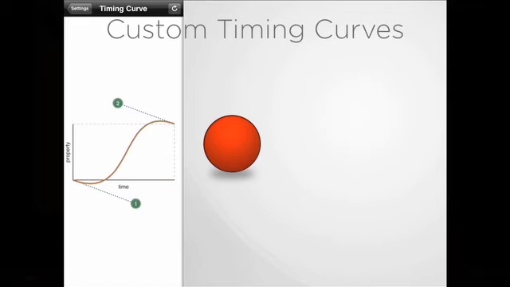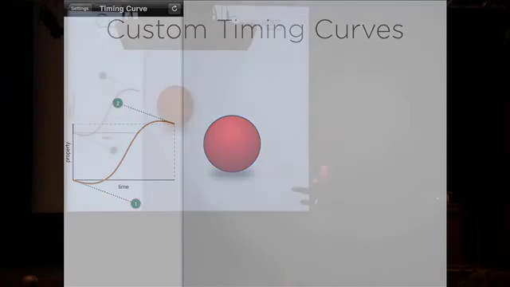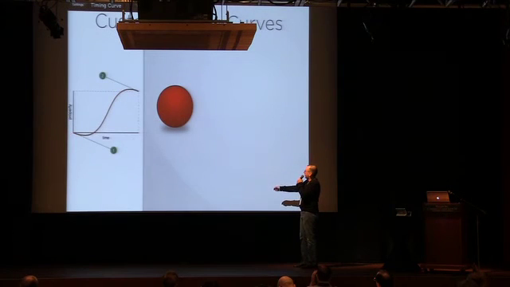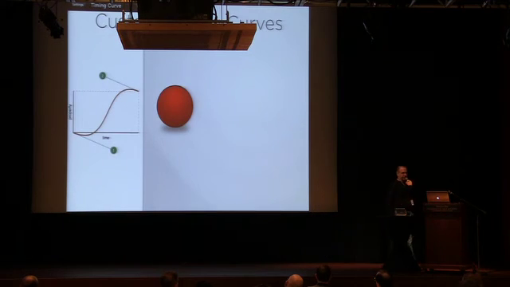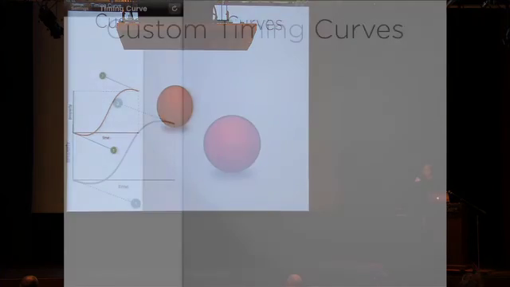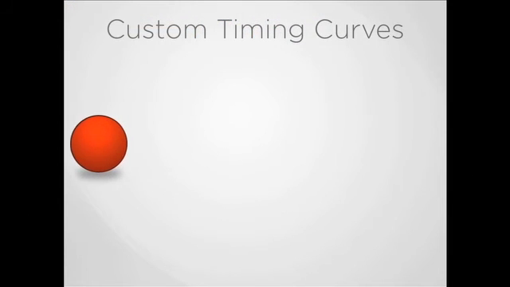Okay, and now this is going to set up both the anticipation and the follow-through, because if you look right here where it's dipping in the wrong direction, that's the anticipation, because it's going to move in the opposite direction at the beginning. Then it's going to accelerate quickly, and then it's going to overshoot before snapping back into the final position, and that's the follow-through. And so you can just run this. You slide shut the settings there and tap on the ball to run the animation.